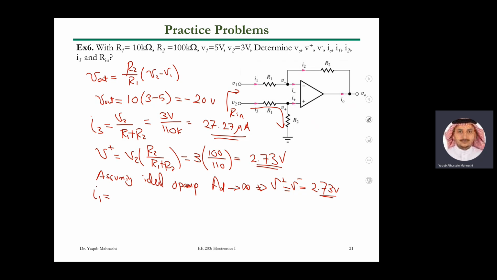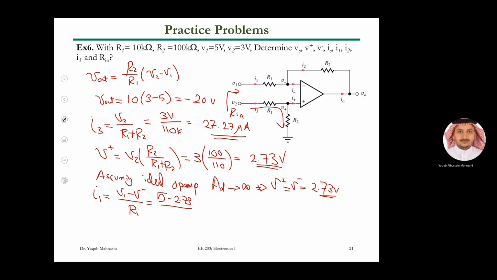I1 will be V1 minus V negative over R1. And now we are getting 5 volts minus 2.73 over 10K. And that's I1, right?